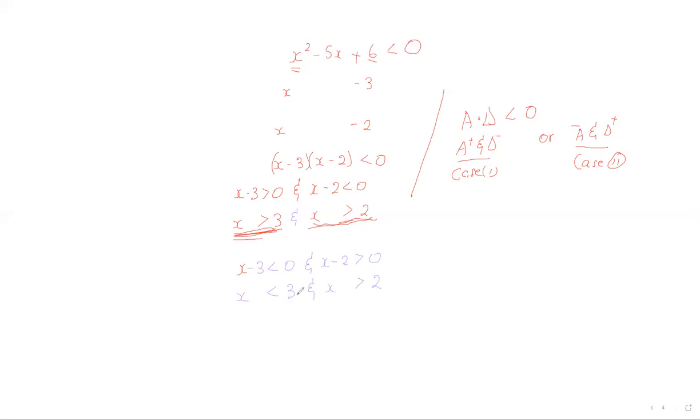Now, here, you'll agree that a number, if you draw a diagram here, 0, 1, 2, 3, see x is less than 3 and x is greater than 2.